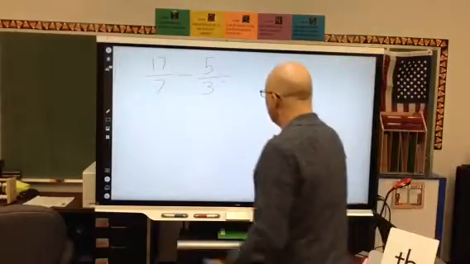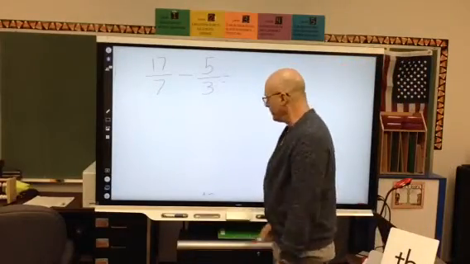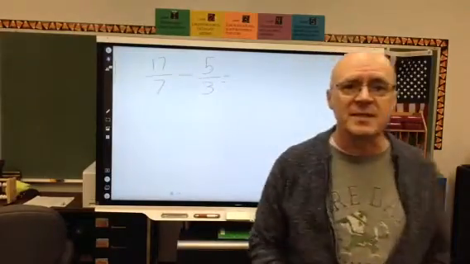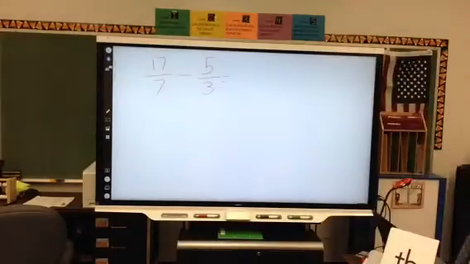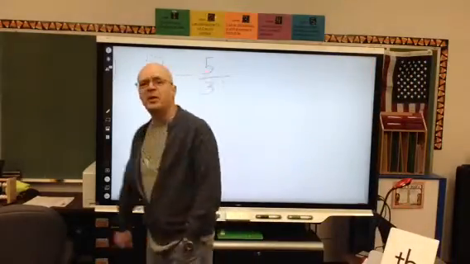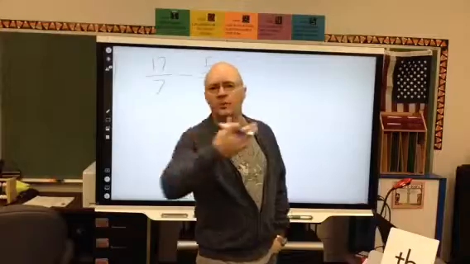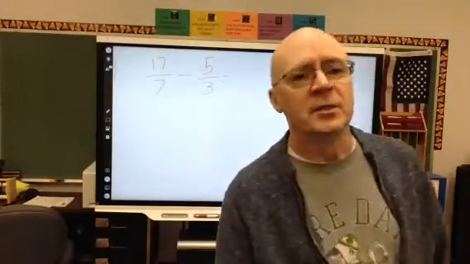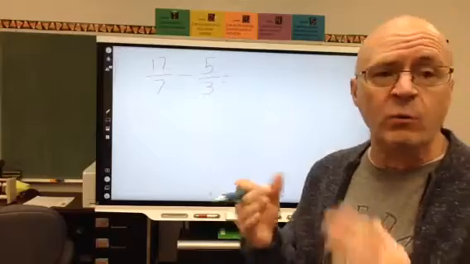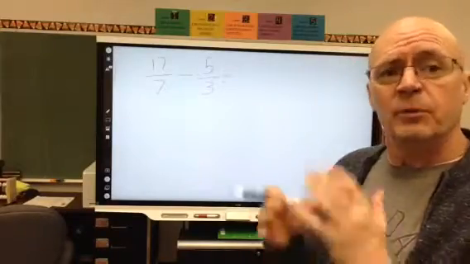So, the first thing we must do, for example, 17/7 minus 5/3, is we must get the denominators the same. And we use factors or multiples to get that, to find one that they share, right? We need to find one that they both have. So we're going to use multiples.